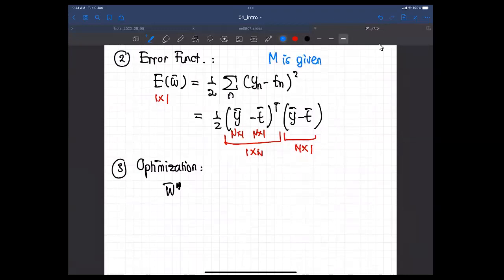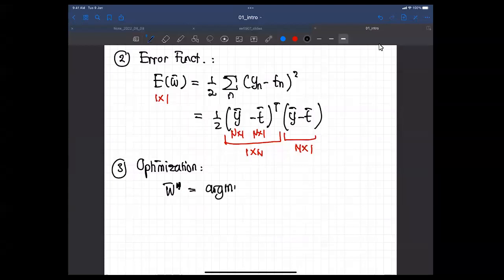I will talk about this later on, but if you wonder how we can find m, m here is not really a problem of least squares because it's assumed to be given. So now the problem is to find the model parameters W star.